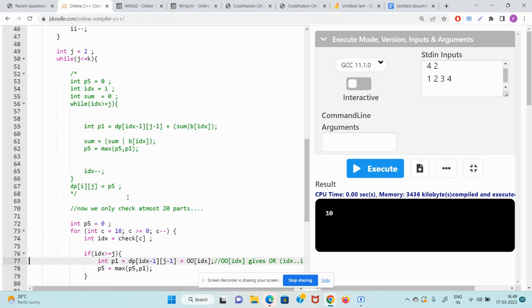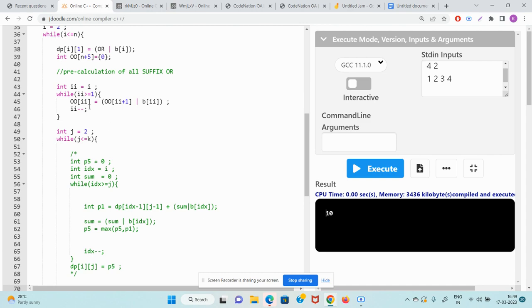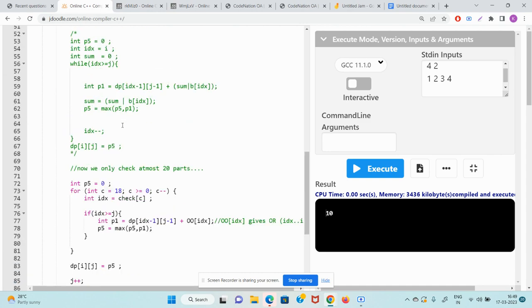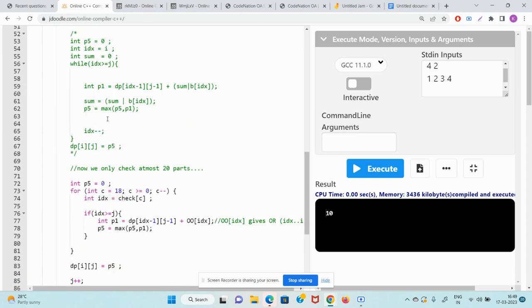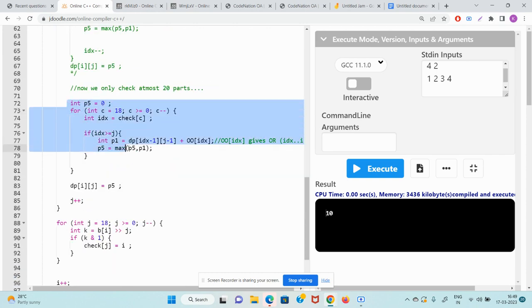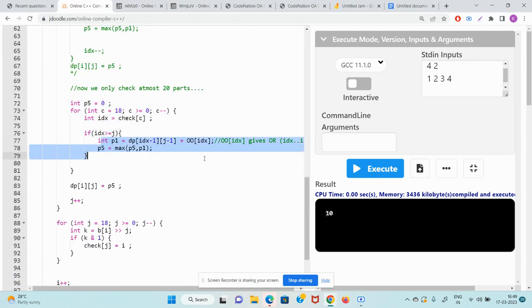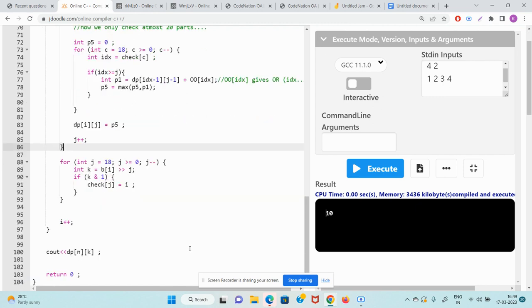How do we calculate this? Because I'm using this pre-calculation array here. So we run 18 steps here, calculate the max, the answer. That's it, guys.